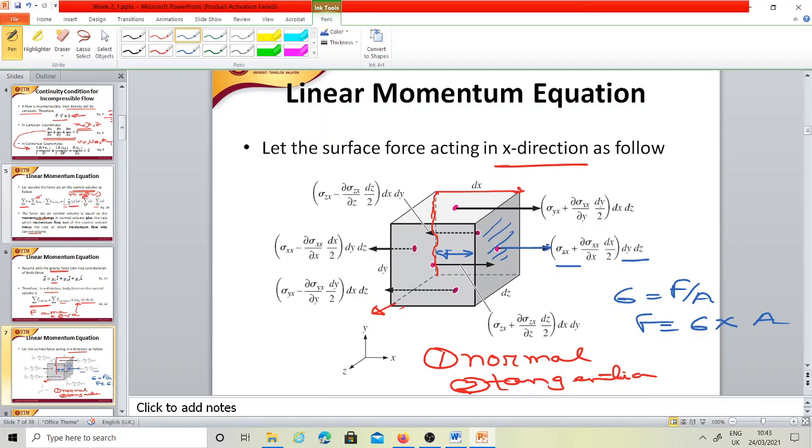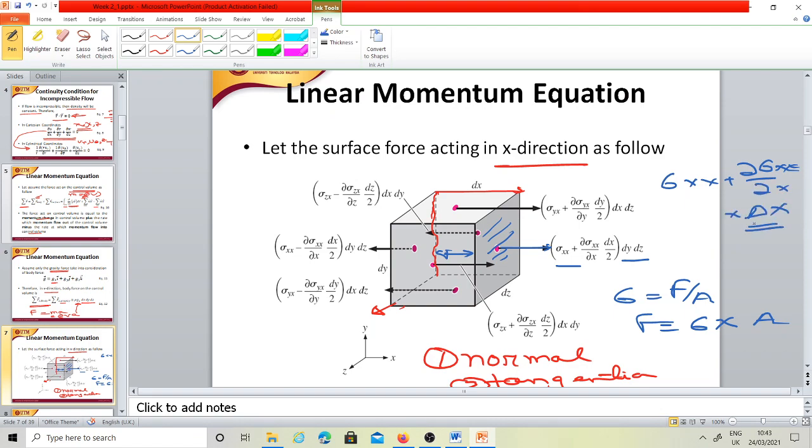I hope you already know this from fluid 1. So sigma x plus an increment due to the surface difference, which is del sigma x by del x times dx. It means sigma xx plus del sigma xx by del x multiplied by delta x, where delta x, the distance of the surface from the center, is dx by 2.